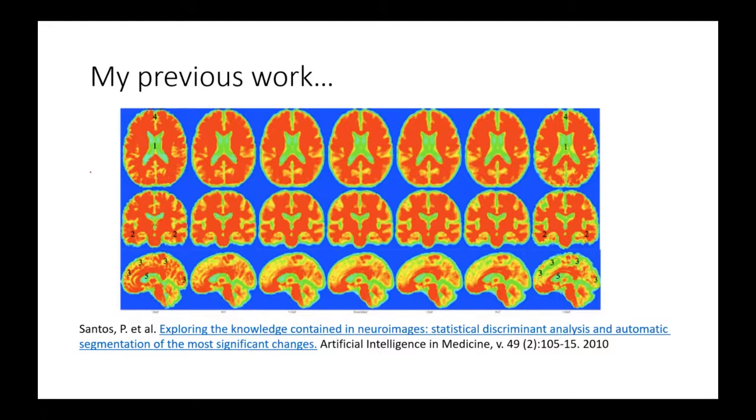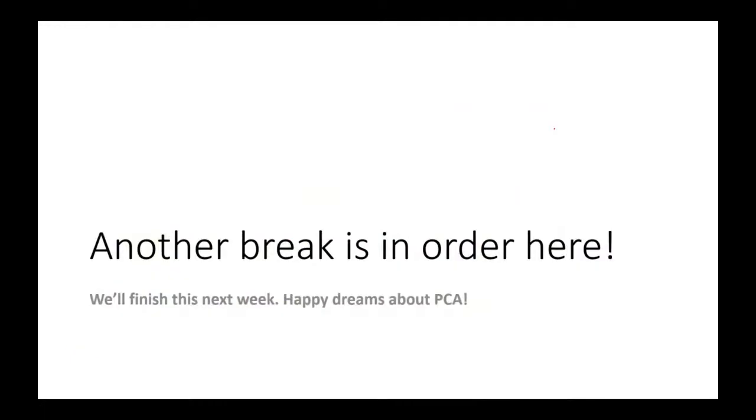These are the reconstructions using 1, 2, 3, 4, 5, 6, 7 components, the 7 reconstructions of 3 models of mirror images from control on the side, and the schizophrenia group. These are not original images. These are reconstructed images using a number of principal components. And we used that to develop quite a few other things as well.